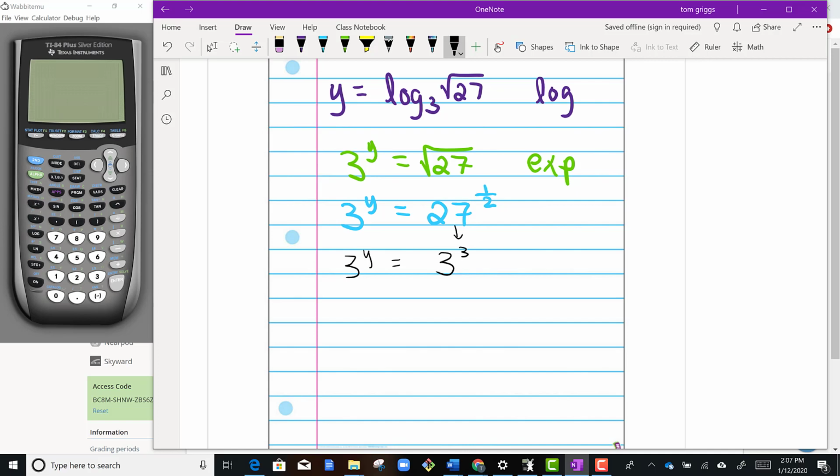This is 27 raised to the 1/2 power. So we have the same base, but basically we need to simplify this a little bit further using our exponent rules. When you raise a power to a power, you multiply. 3 times 1/2 is 3/2. So now the base is the same. So y equals 3 over 2.